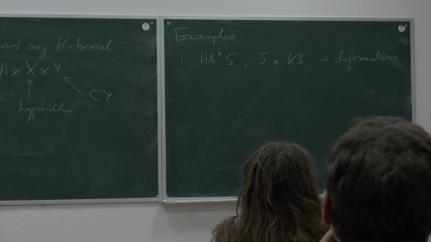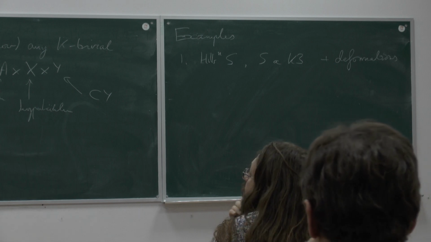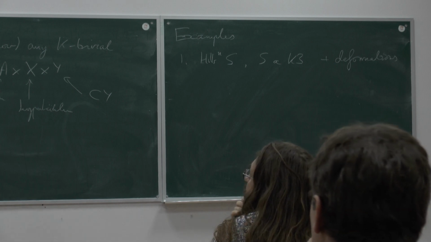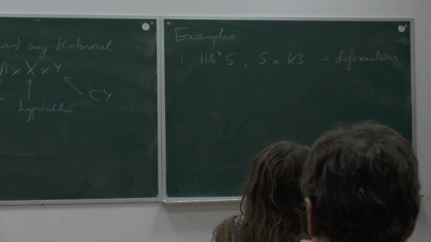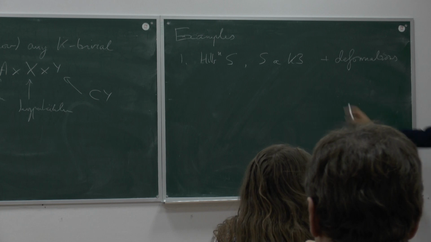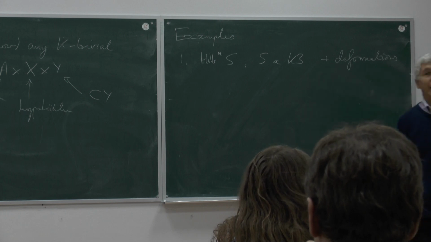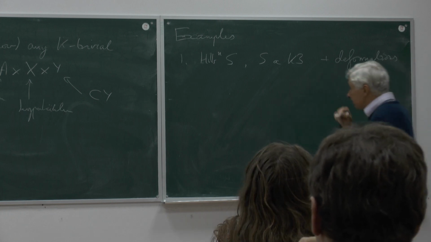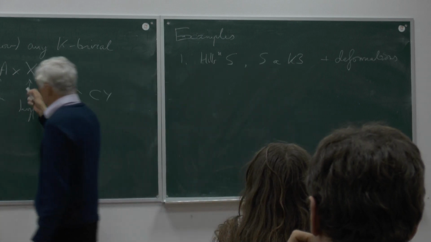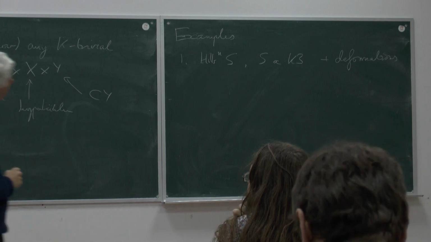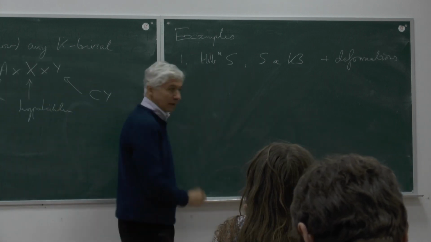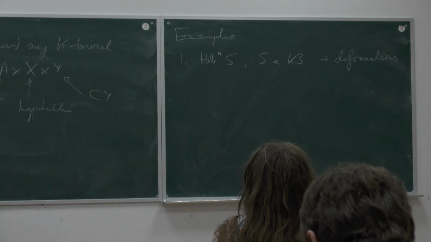So I didn't say whether my K3 surface was algebraic, and I didn't really care very much, but by saying Hilbert scheme rather than Douady space, I suppose I am saying it's algebraic, but then I don't mind because I'm going to take deformations anyway. Okay. So for the moment, I'm not particularly concerned about whether these things are algebraic or not. Sometimes they will be, sometimes not. So this is a very well-known one to mention in the last talk.